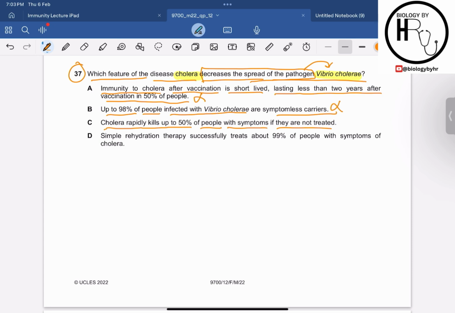So this reduces the pathogen chances of contaminating the water supplies and spreading to the new host, right. So the correct answer over here would be option C, that cholera rapidly kills up to 50% of the people with symptoms if they are not treated. So it will decrease the spread of the pathogen Vibrio cholera, right. So I hope that this MCQ is clear to all of you.